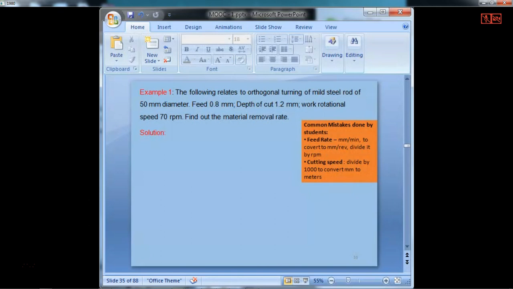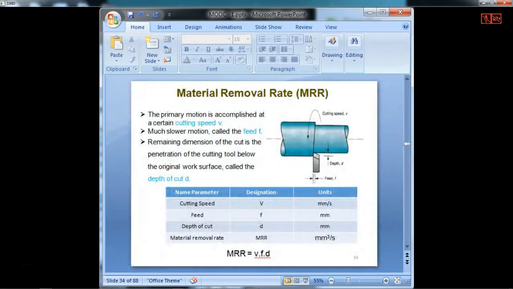RPM is nothing but revolutions per minute. Now find out the material removal rate, that is MRR. I'll show you the formula on the previous slide. You can note it down and tell me what MRR you get.